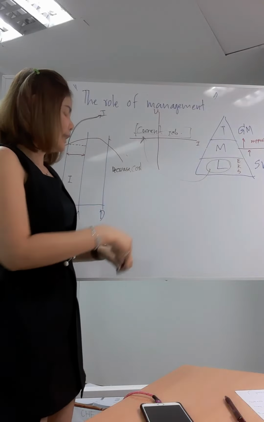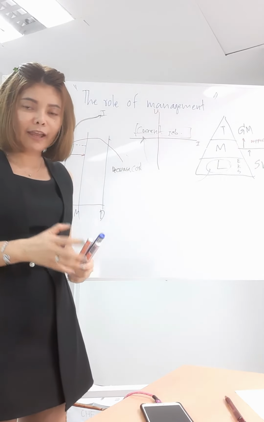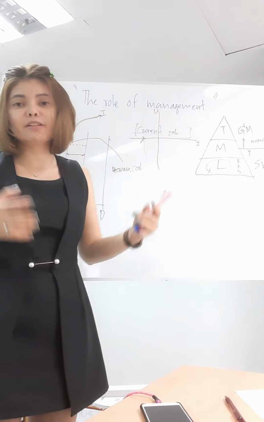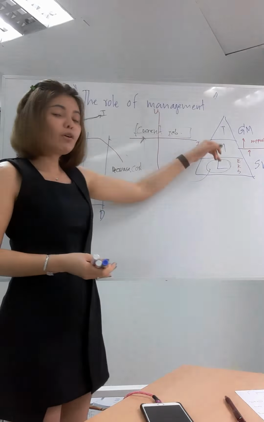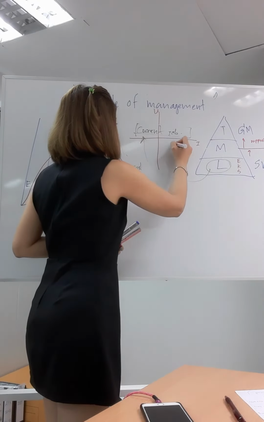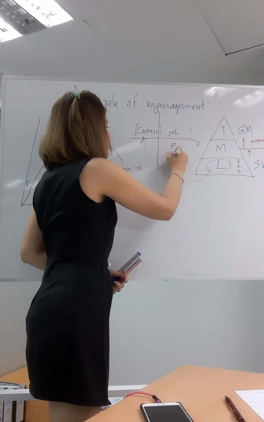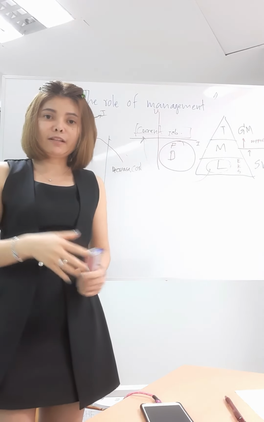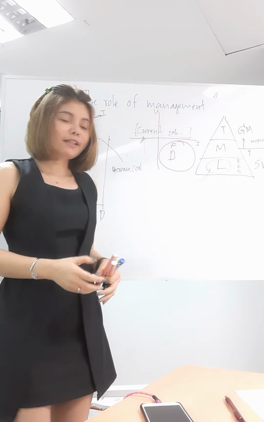So we have another thing. What do the middle and top management have to do? It's not the current situation, not the current business, but the top management and the middle management have to think about the future and develop the business, develop something, change something, right?